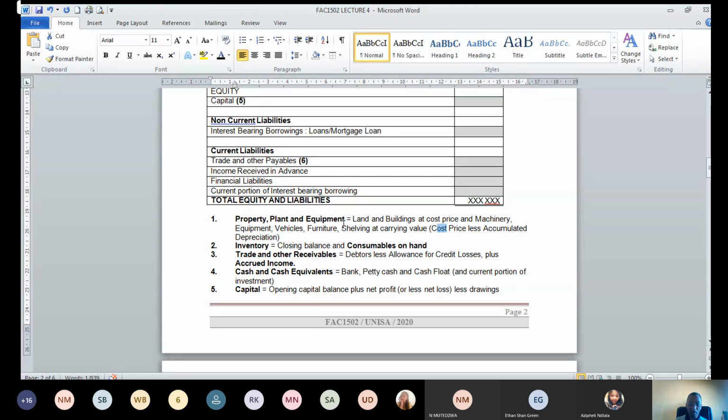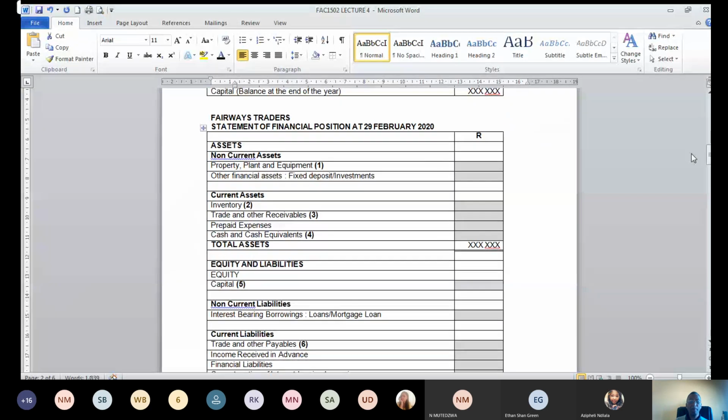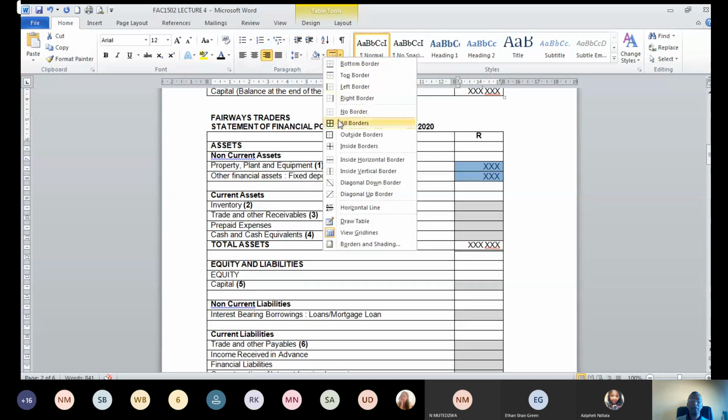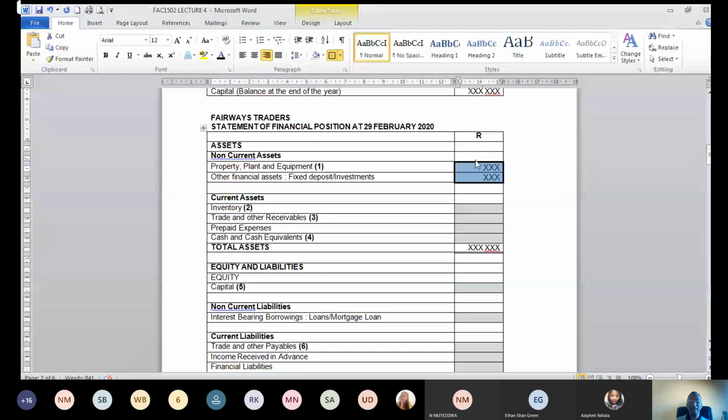I will explain more on this in our next lecture when we are going to discuss adjustments and additional information. So, add all your property, plant, and equipment together with your other financial assets. You put that in a block, and you add that, and that will give you your total amount of non-current assets.